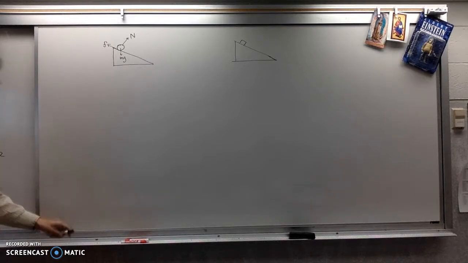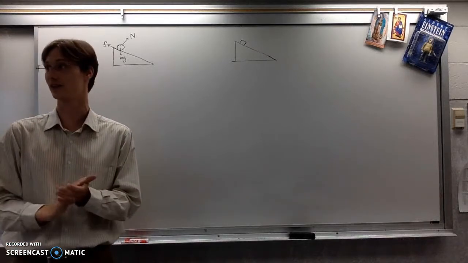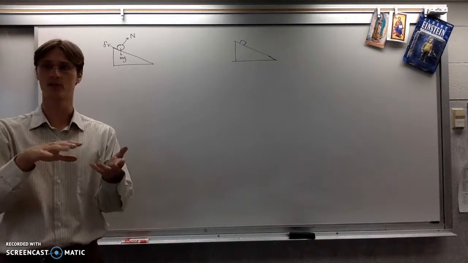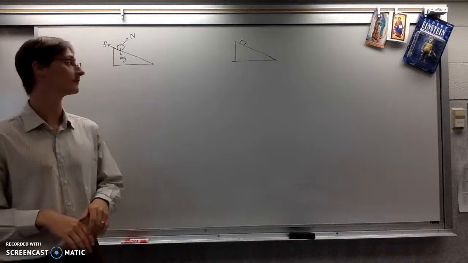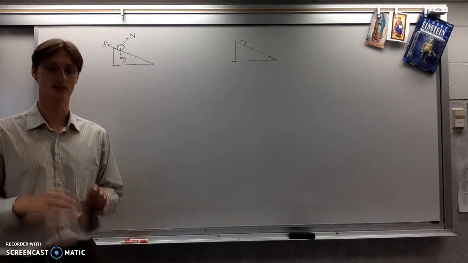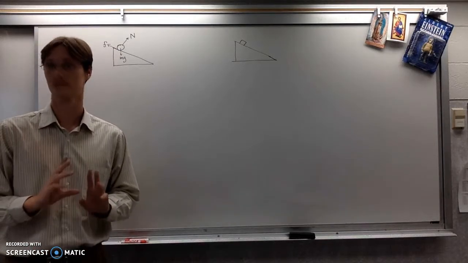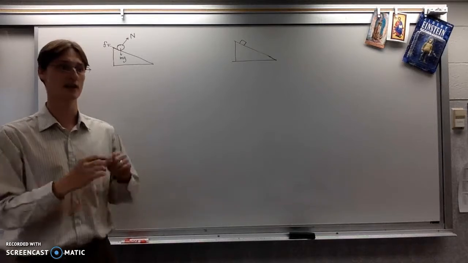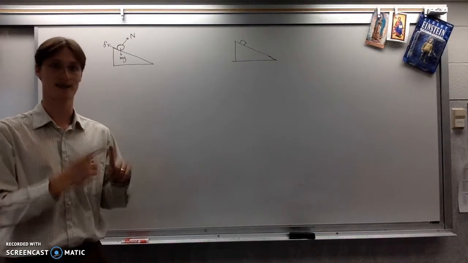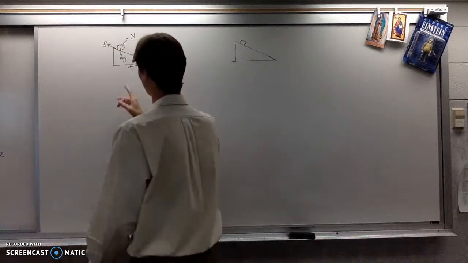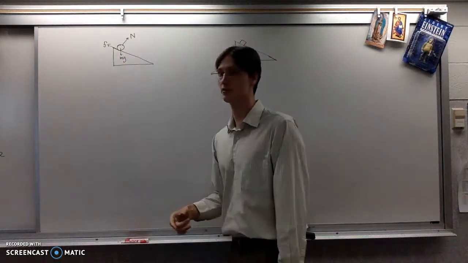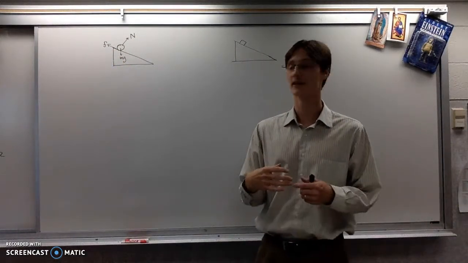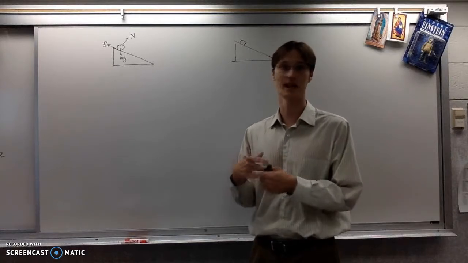But when you're trying to determine the direction of a friction force for a rolling object, it's not just, oh, it's opposite the direction of movement. In this case, it is, but that's coincidence. What you actually need to think about is the fact that friction is what produces the torque that makes the object rotate.